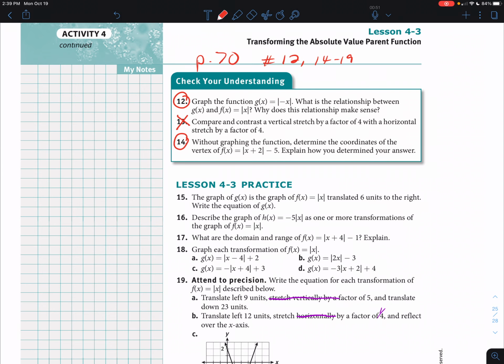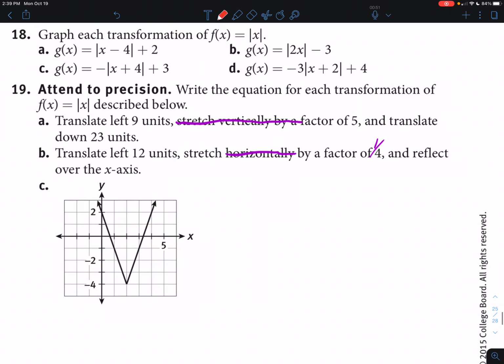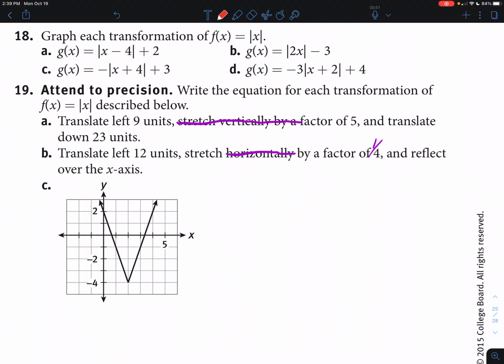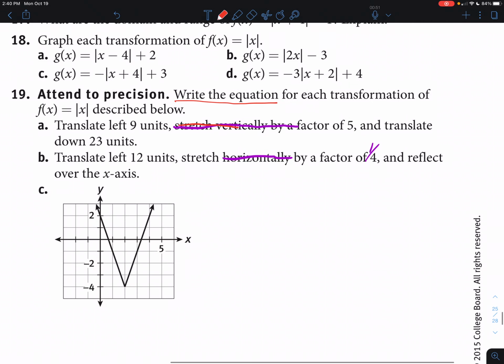And I want you to notice something down here on number 19A. Okay? So it says write the equation for each. And I want you to scratch out, stretch vertically, blah, blah. Just stretch by a factor of 5. We're going to say shrink.